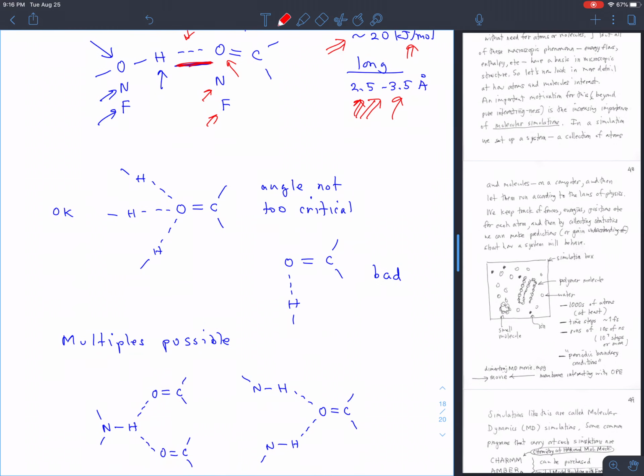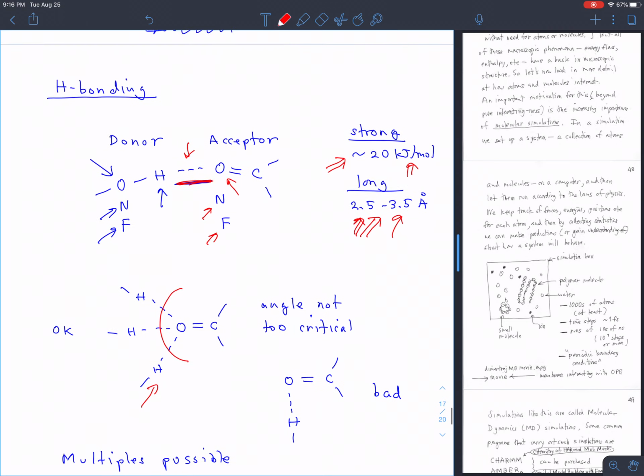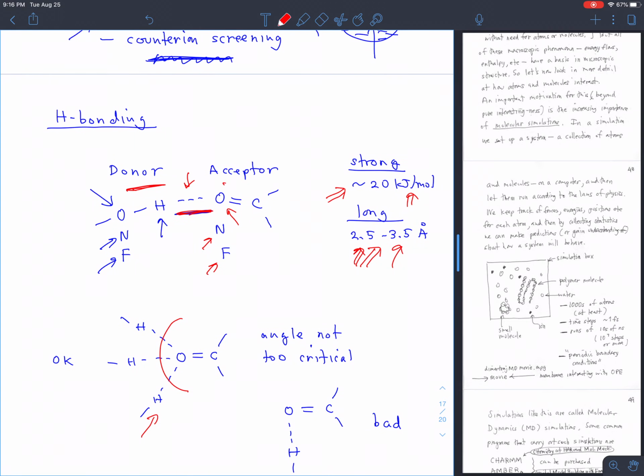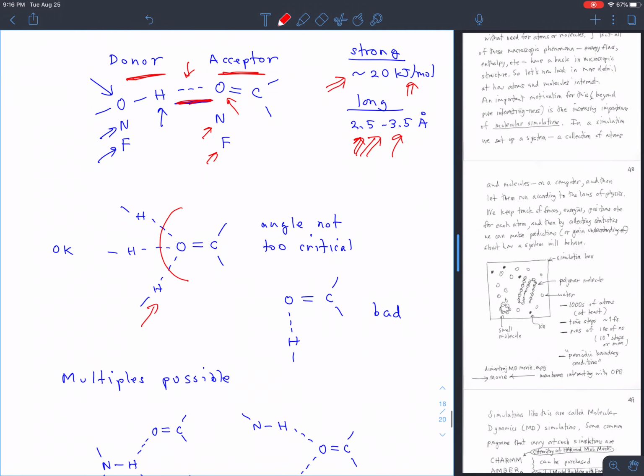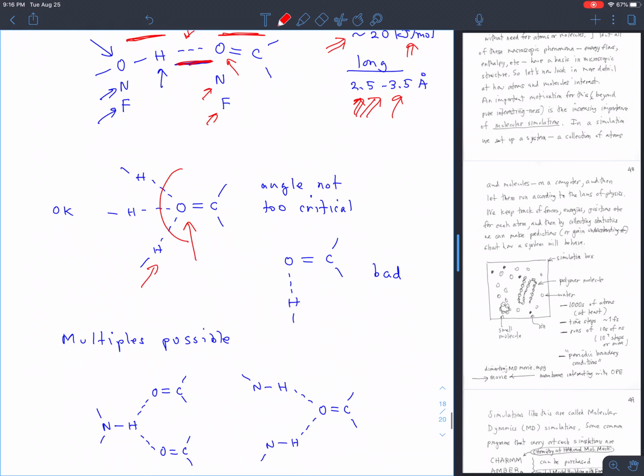Also, unlike chemical bonds, where you can't get more than a certain fixed number of them, hydrogen bonds are okay if you've got a whole bunch of donors. This is called the donor over here, right? And this is the acceptor. A whole bunch of donors bonding to the same acceptor, that's okay for hydrogen bonds. And also the angle at which the hydrogen bonds get made. Here's a straight one, here's slightly bent ones. That's also not so important.